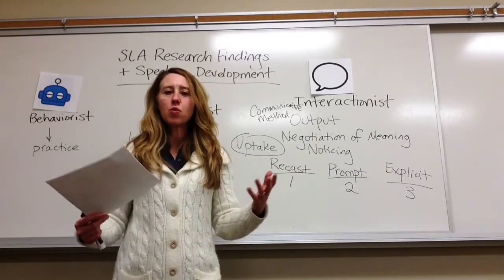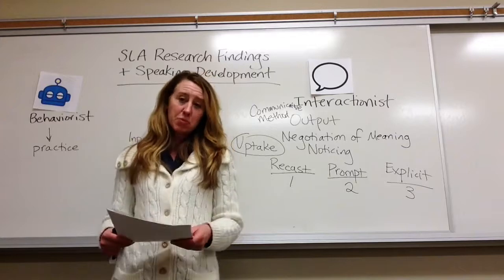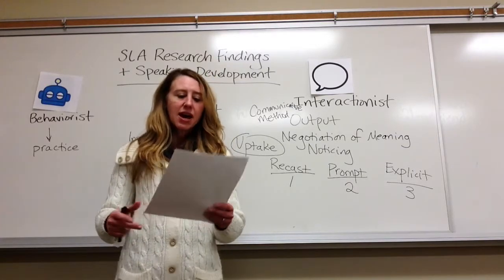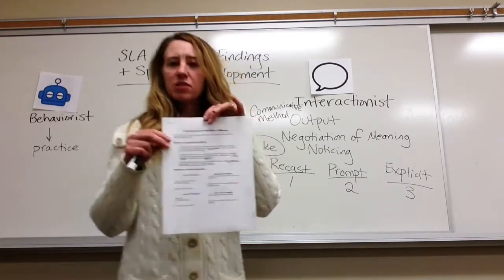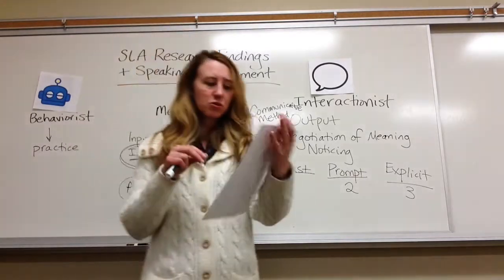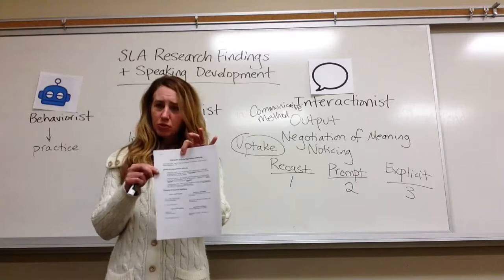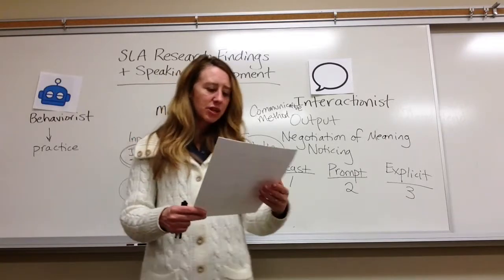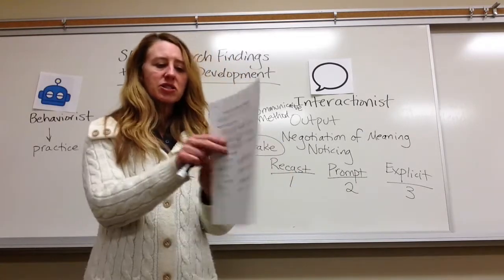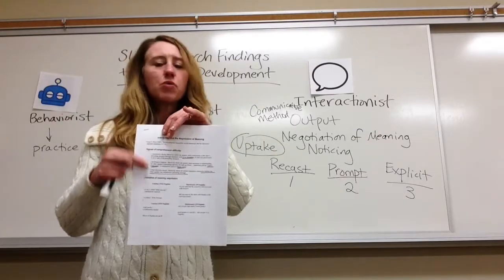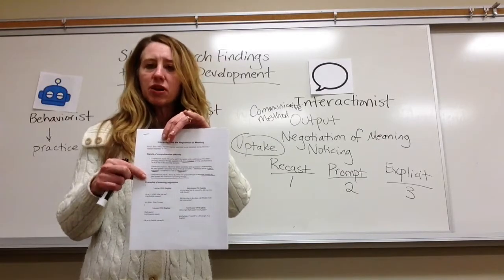There's 3 different ways that students attempt to repair communication. And this is waiting for you in your module, it's called Interaction and the Negotiation of Meaning. And the reason I chose it is, it has a really nice list, very simple, and you may only want to look at these 3 bulleted points if you don't have much time.